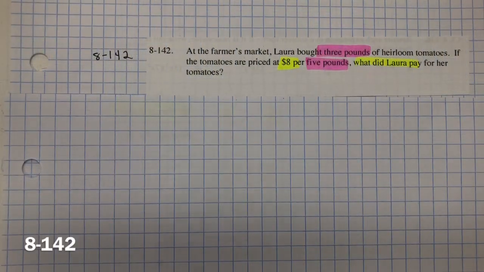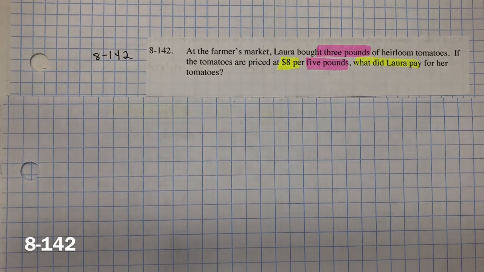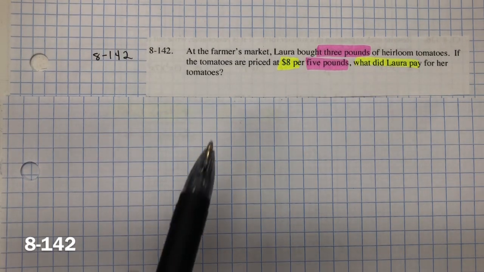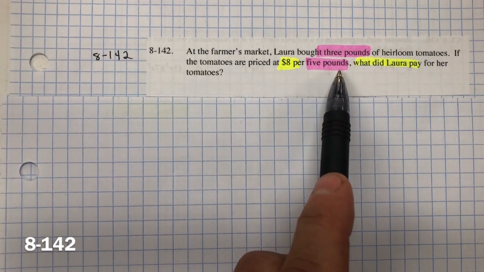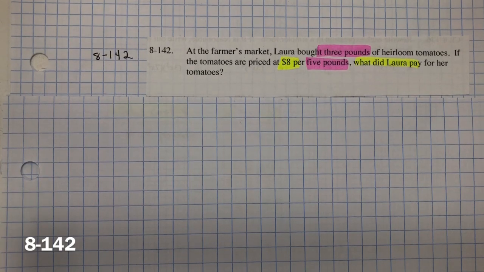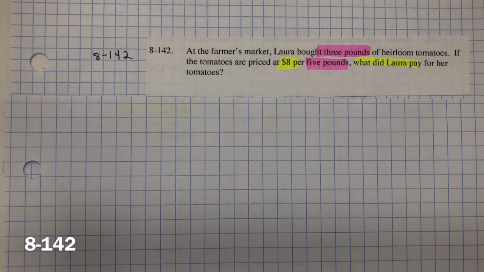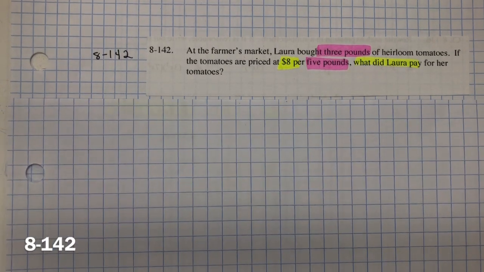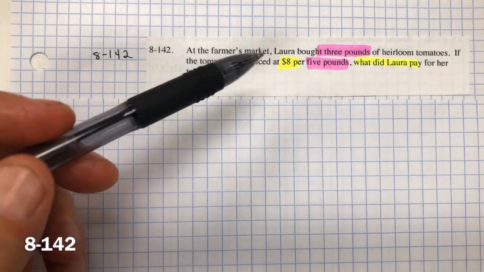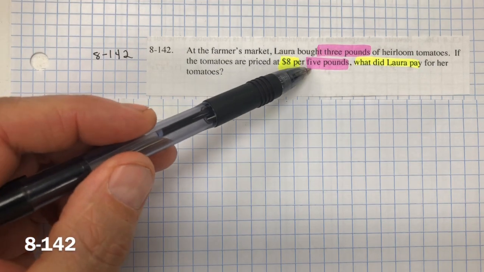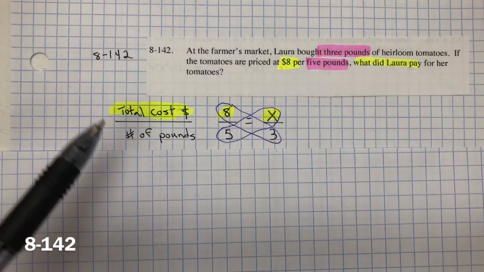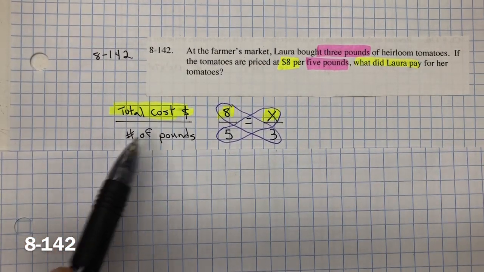For problem 142, at the farmer's market, Laura bought 3 pounds of heirloom tomatoes. If the tomatoes are priced at $8 per 5 pounds, what did Laura pay for her tomatoes? So this is a proportional relationship. We have the cost and we have the number of pounds. So here's the total cost and the number of pounds.